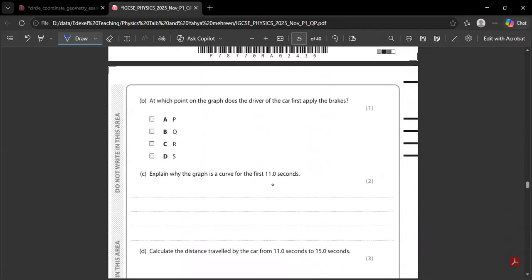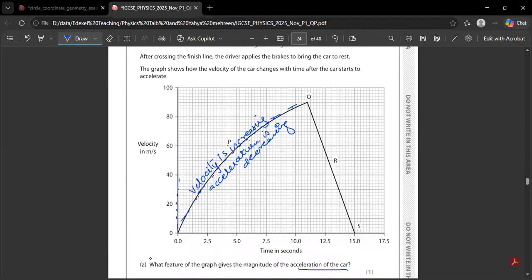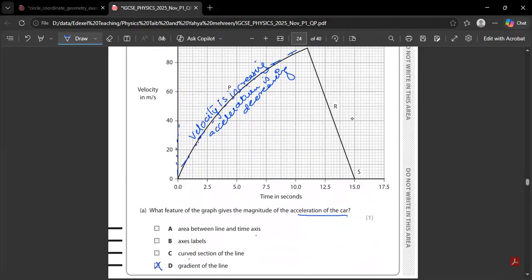At which point on the graph does the driver of the car first apply the brakes? If it is moving with a constant speed, you can put a ruler on it. When it is straight, the brakes are not applied.